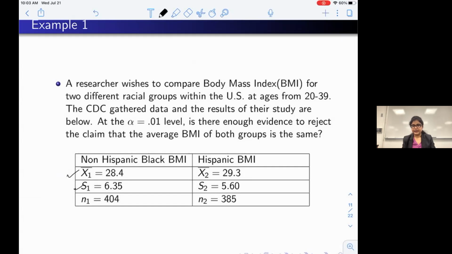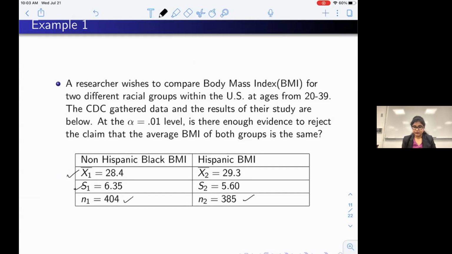So the sample standard deviation for Black BMI is 6.35 and for Hispanic BMI is 5.60. Sample size for Black BMI is 404 and for Hispanic BMI the sample size is 385 people.